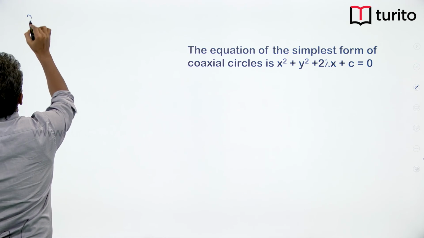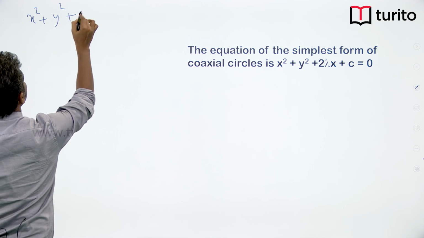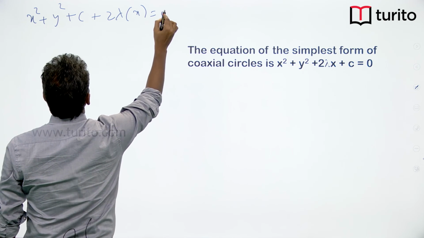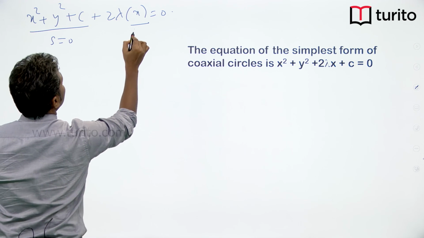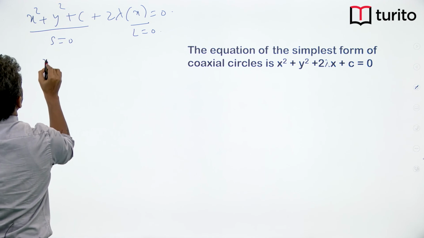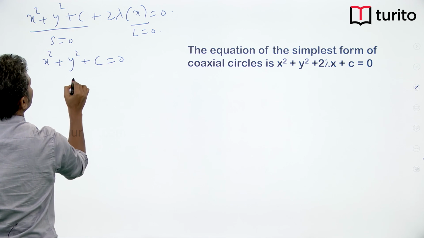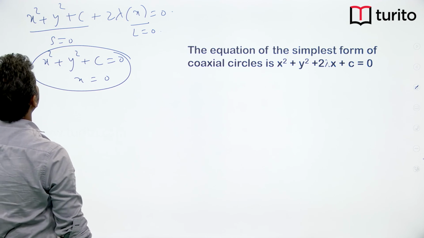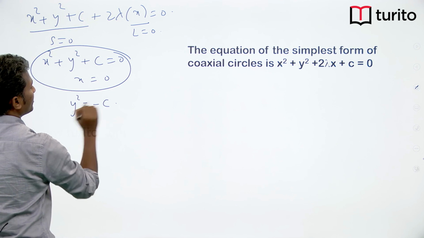Here we got x square plus y square plus c plus 2 lambda x equal to 0. Now, this is the circle and this is the line. If I solve these two, I have to substitute x equal to 0 here, which gives me y square equal to minus c.